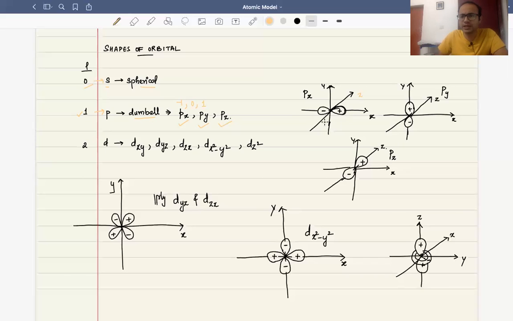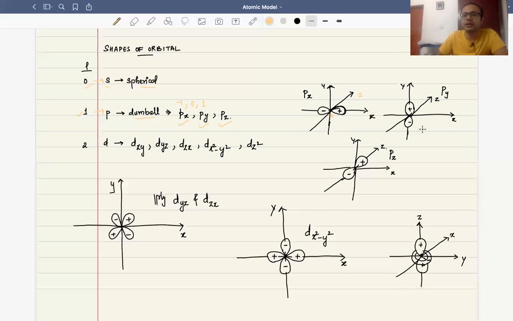When you draw the Cartesian coordinate and consider this as the origin, this part is the positive x-axis and this corresponding part is the negative x-axis. So the dumbbell lobe on the positive x-axis would be represented by a plus sign, and the one on the negative axis would be considered the minus sign. That is how you can pretty easily remember these signs.